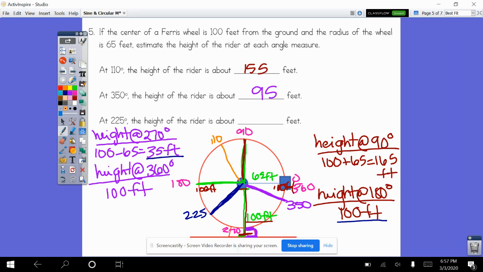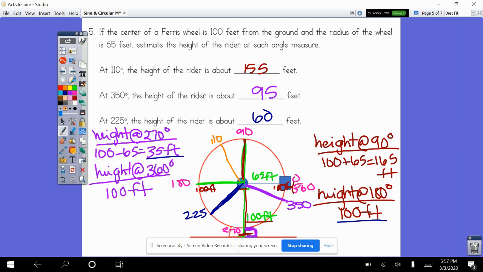So it's got to be between 35 and 100. It's towards the middle maybe. So I'm going to pick the middle of 35 and 100, like 60 feet. Really anything between 35 and 100 is fine as long as it's somewhere in the middle.